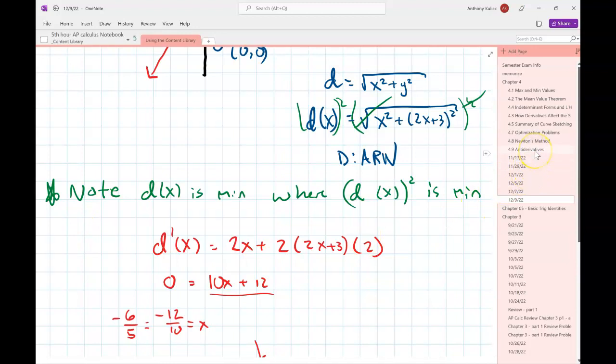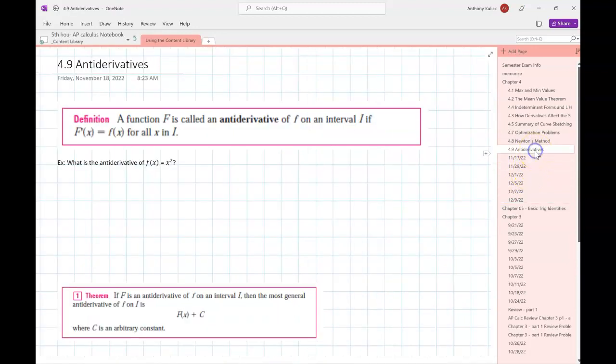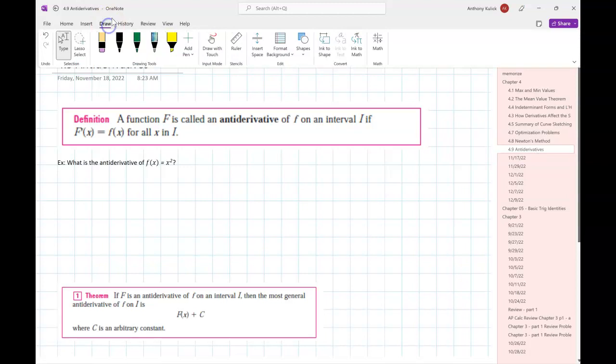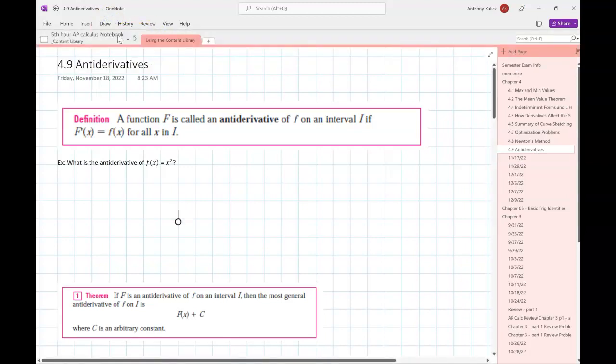Let's finish up chapter 4 here, talking about antiderivatives. So we'll start with a couple of definitions.